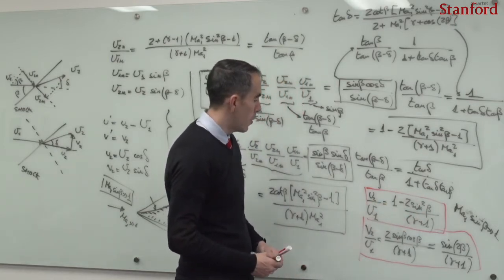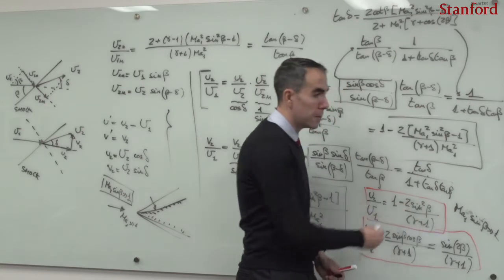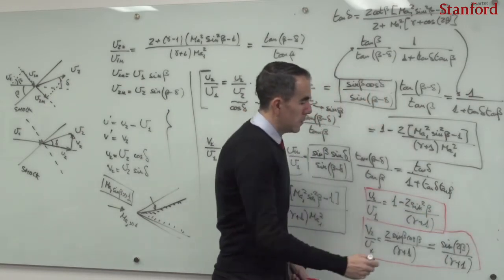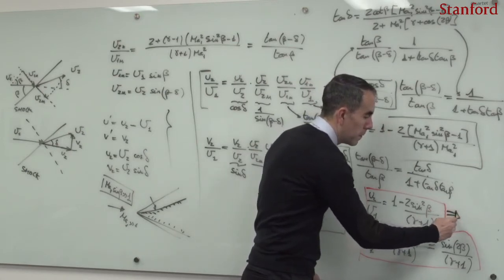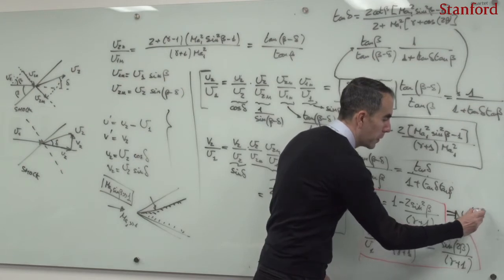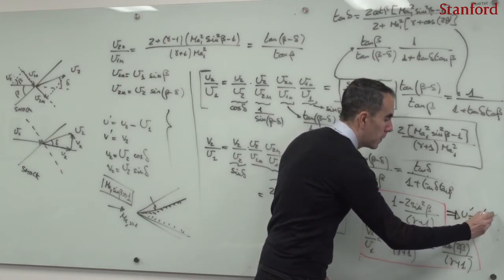One can notice from this expression that this is going to render a velocity disturbance u prime which is of order beta squared for a small beta.